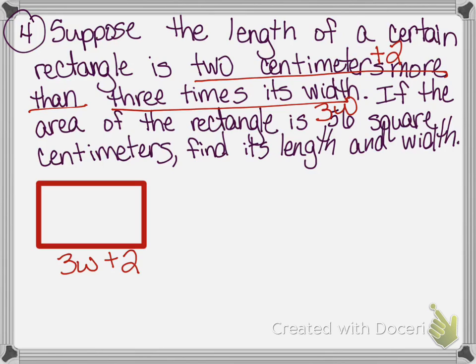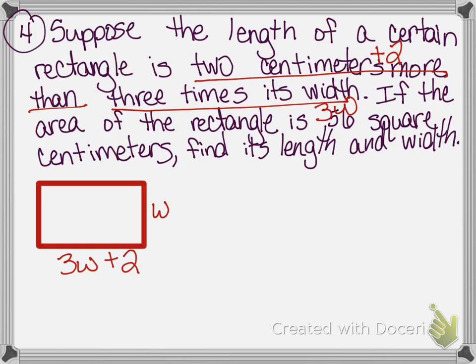So what is the shorter side? It's my width. Sometimes students don't make that connection. If you don't know what that other side is, and sometimes that happens with a triangle, very often that unknown side is your w or your x.